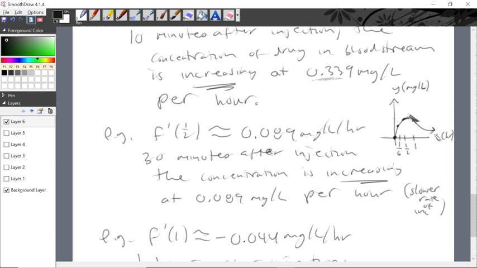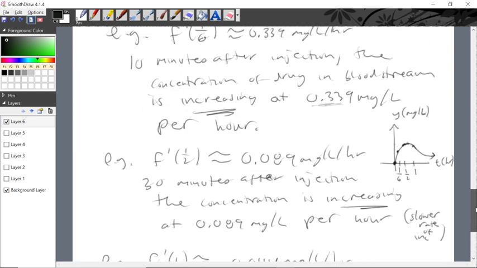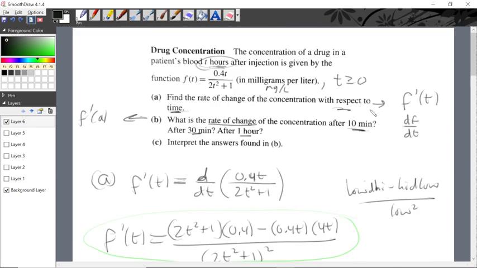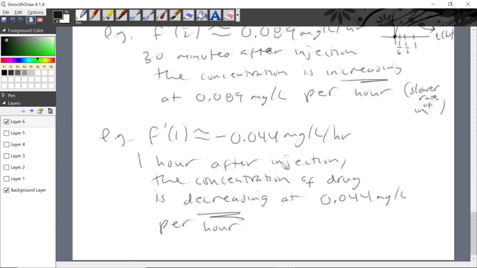And asymptotically, as time goes off to infinity, this is going to approach a concentration of 0. Okay? That is our dynamic interpretation of the concentration of drug in the bloodstream by using the derivative as an instantaneous rate of change of this function, in milligrams per liter per hour, instantaneously.